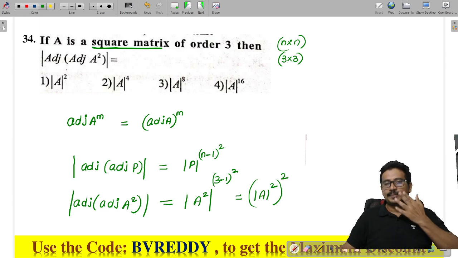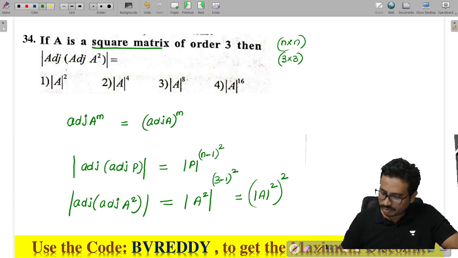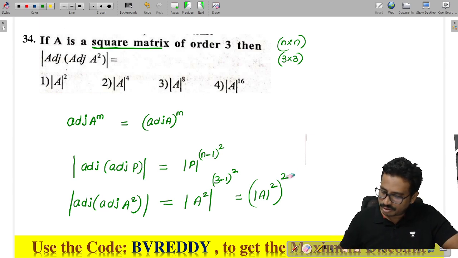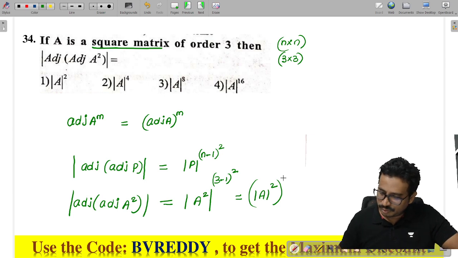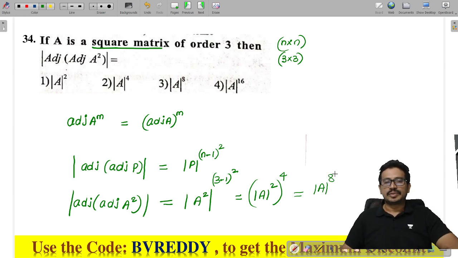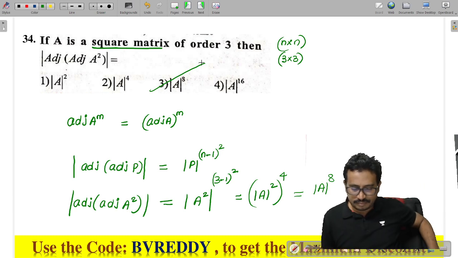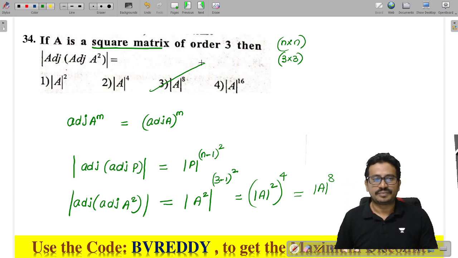Now tell me, how much is this? 2 square is 4. So then which is given as determinant of A power 8. Fine, all of you?